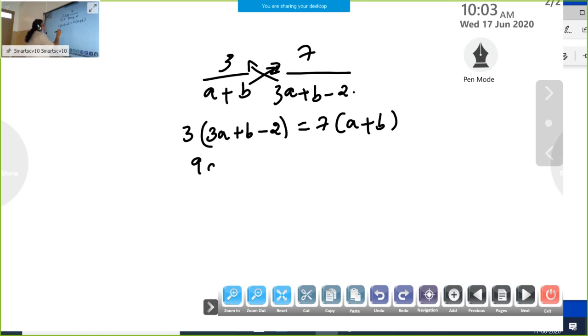That is 9a plus 3b minus 6 is equal to 7a plus 7b.